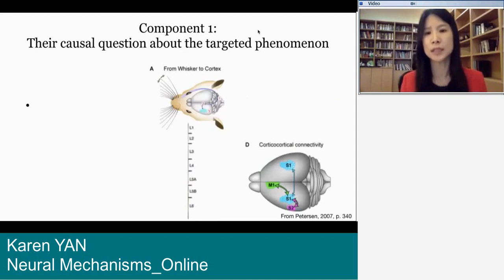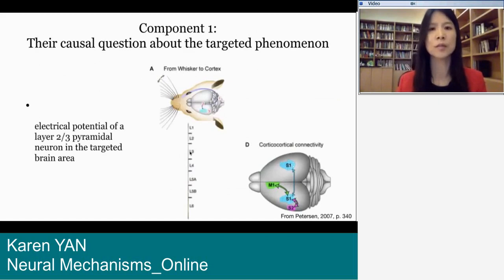So the Peterson team used rodents to study how tactile information signals from whisker to cortex. And the specific brain area they focus on is somatosensory cortex, which is indicated by the blue area. And more specifically, they focus on a specific type of neuron between these 2 layers, layer 2 and layer 3.